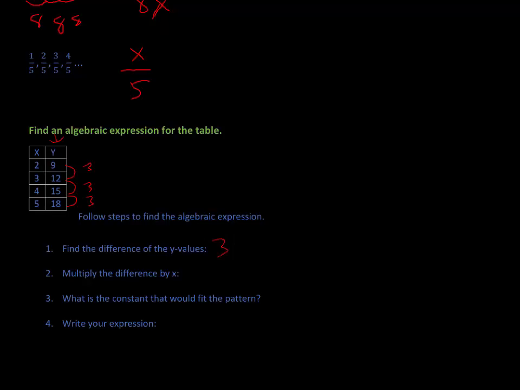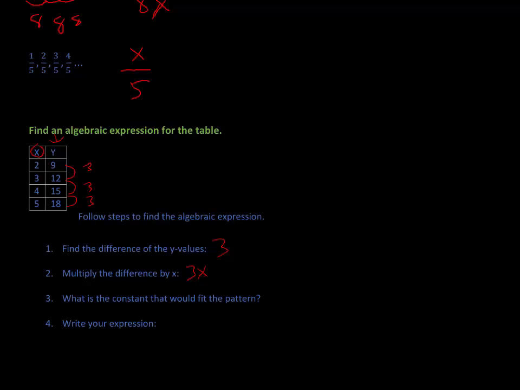Then it says multiply the difference by x. So we know our difference is 3, and if we multiply by x, we end up with 3x. Then it wants to know what is the constant that would fit the pattern. All right, so what we're going to do is take our x value this time and plug it in to the 3 times x.